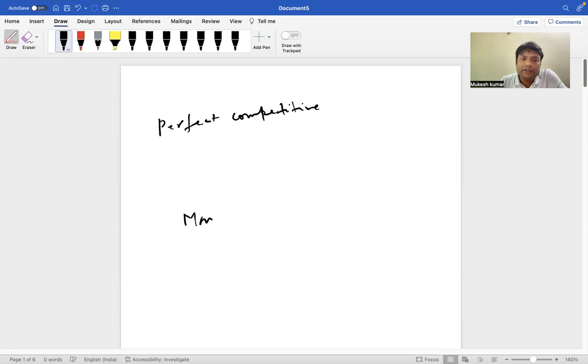On the other extreme there is the monopoly. Okay, in between these two there are monopolistic competitive market and oligopoly.